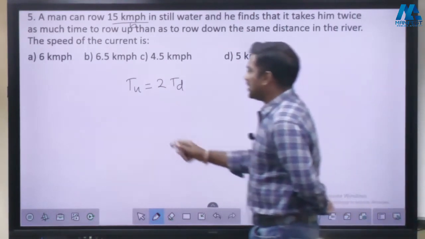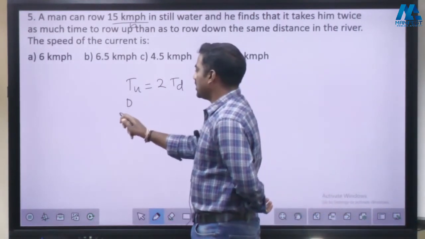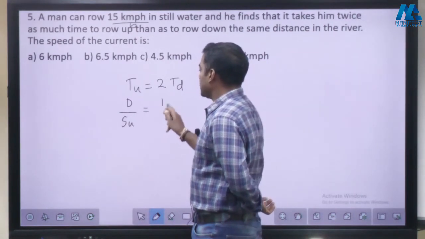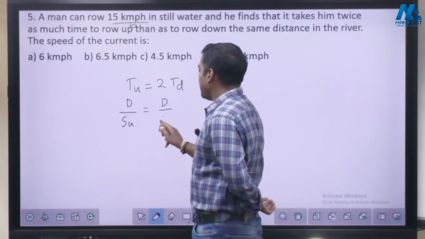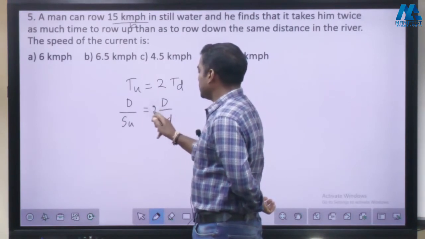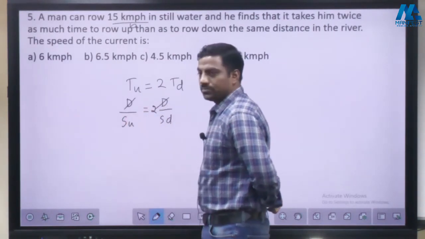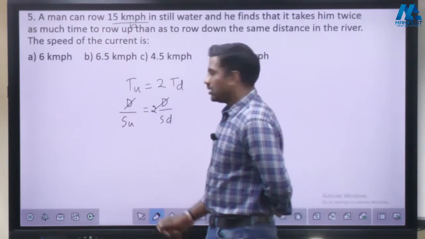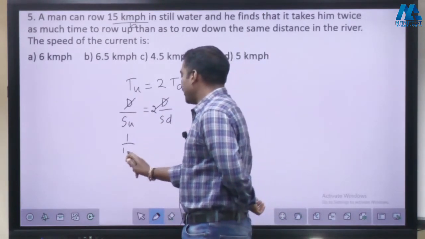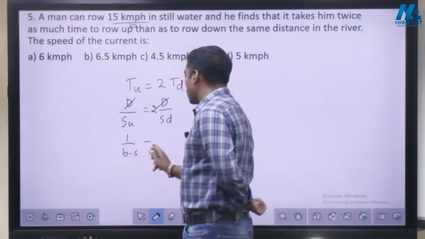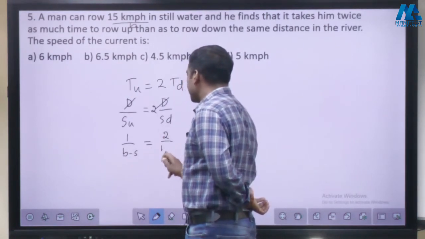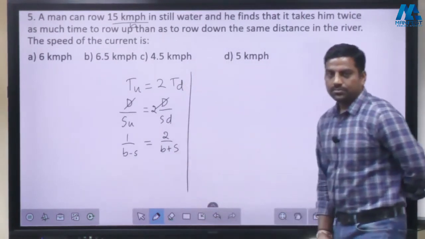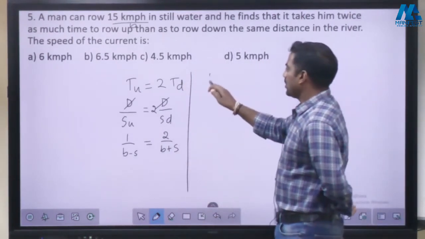So what is the distance in upstream? The same distance, divided by speed in the upstream. Here, distance divided by speed in the downstream. But the distance d gets cancelled. And how do you write speed in the upstream? B minus S. So 1 divided by B minus S is equal to 2 times 1 divided by B plus S. Cross multiply.